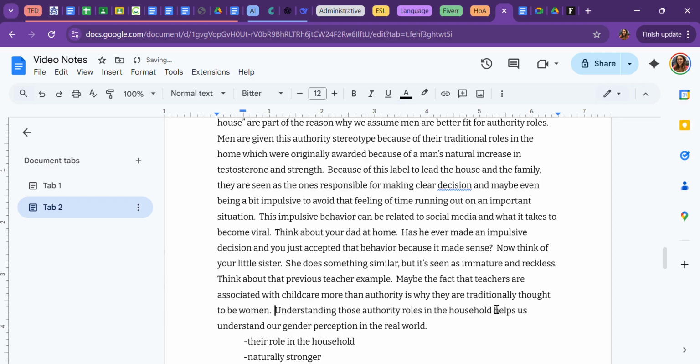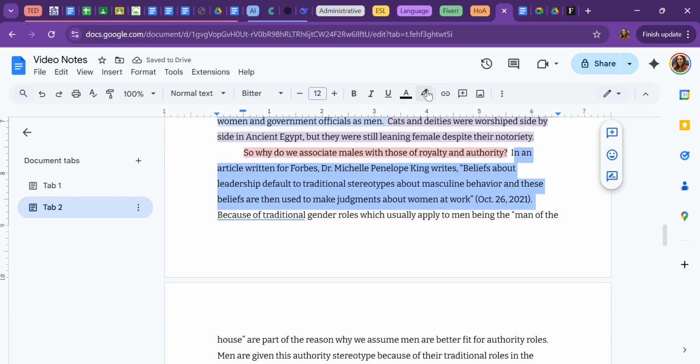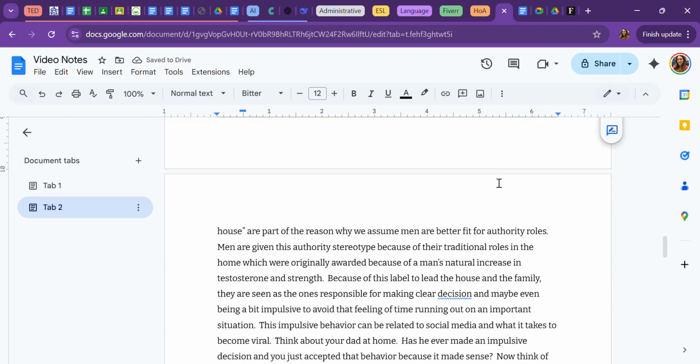Okay, so what this looks like with TPAC. Here is my topic sentence: why do we associate males with those of royalty and authority? In an article written by Forbes, my evidence, because of traditional gender roles. So this is my paraphrase.